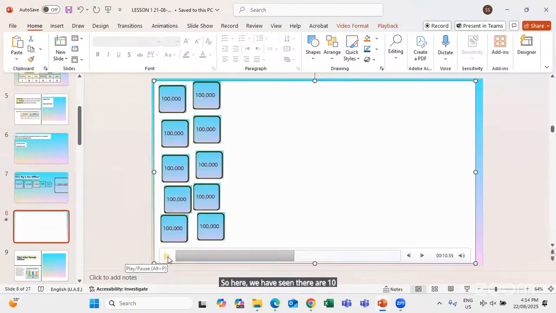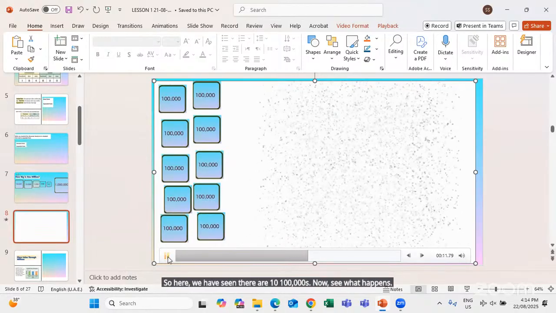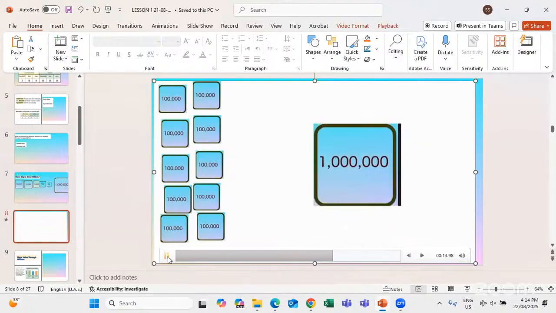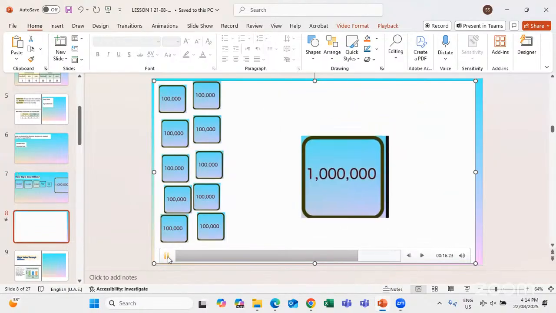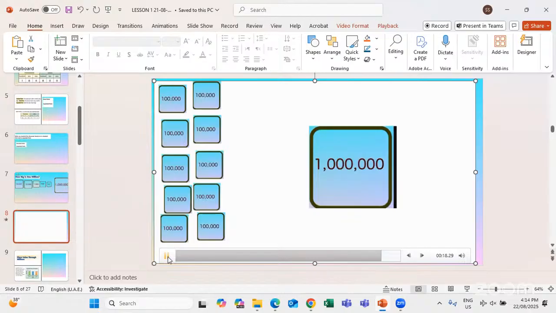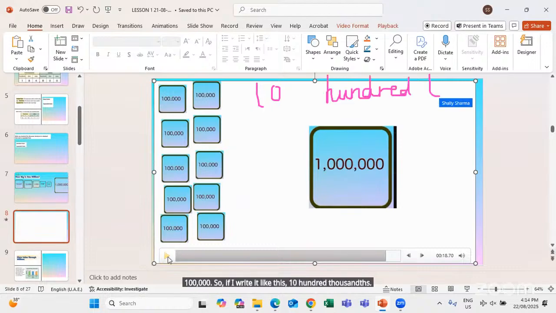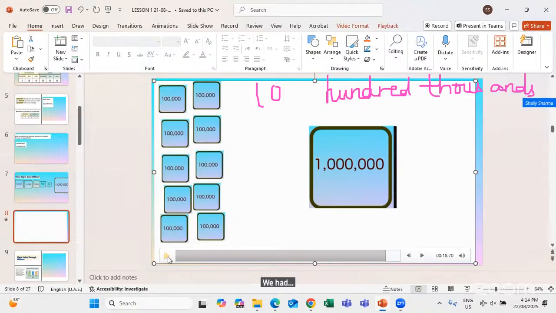Now see what happens. So basically, what happened here? We had 10 100,000s. If I write it like this, 10 100,000s, that is equal to this number.